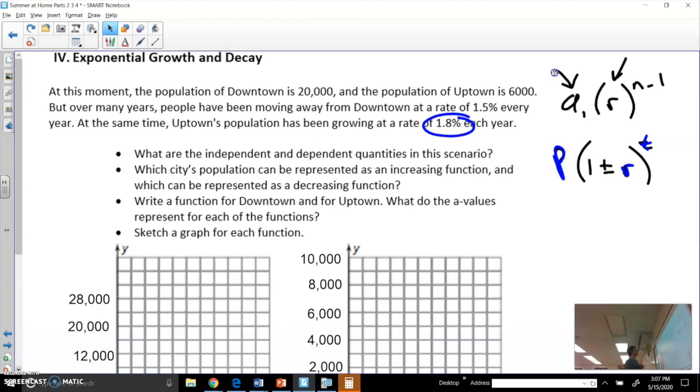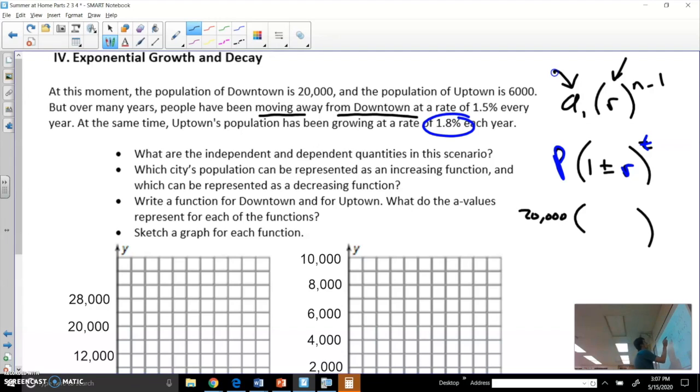So let's think about our population of downtown. You're starting with 20,000 as your initial population, principal value, y-intercept. And then it says that people are moving away from downtown, so I want to use subtraction for decay. And then this percentage rate of 1.5%, I want to use that value as a decimal.